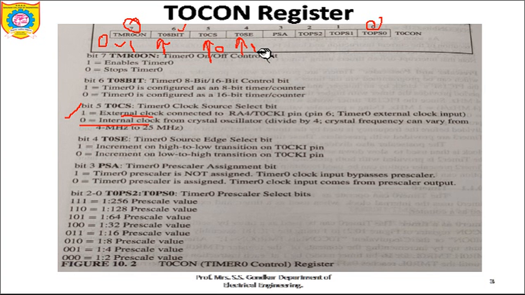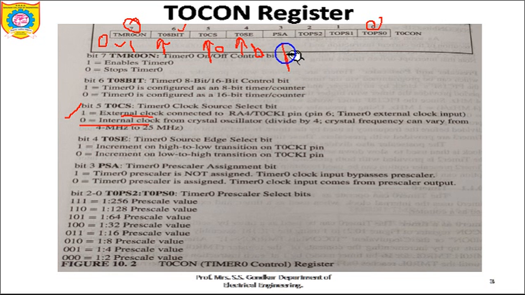Depending on the edges of the pulses, it changes either from high to low or low to high. So if it is 1, it means it is changing from high to low. If this bit is 0, it means the transitions are from low to high.